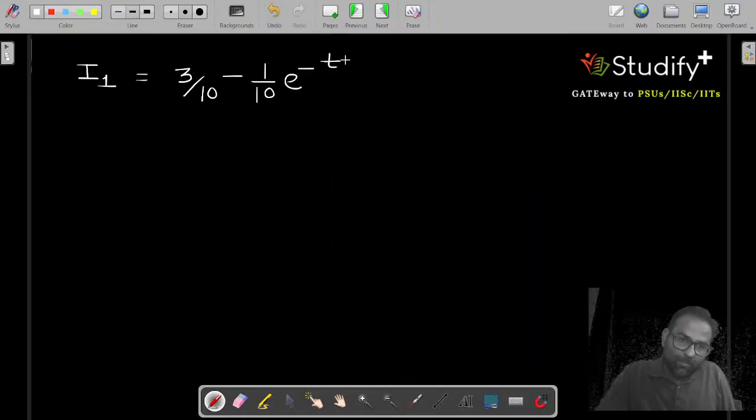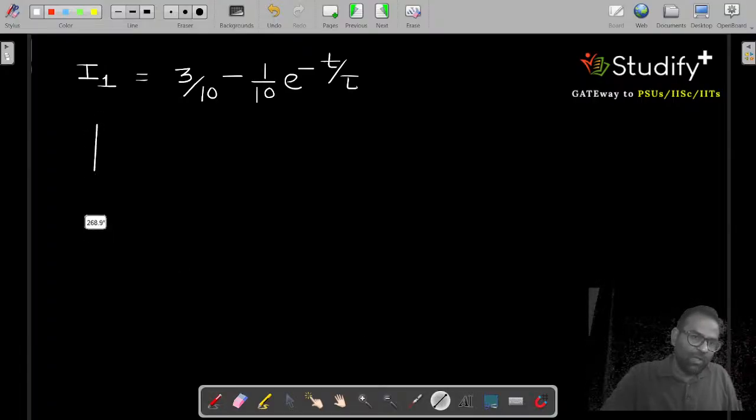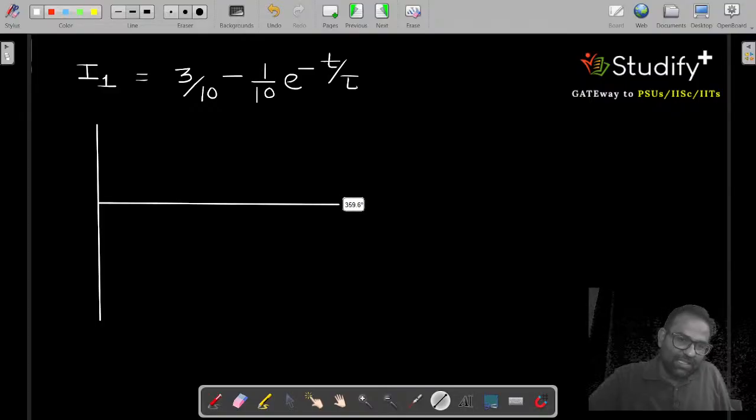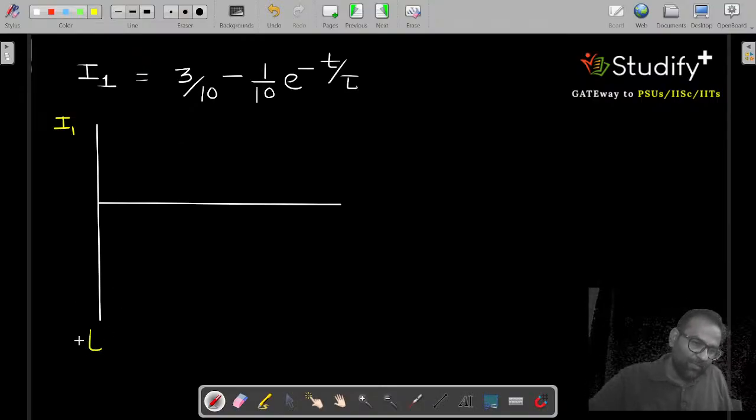So when I draw this graph, I can draw this graph also. What is the situation of current coming from the source? Can I say the source current has these characteristics? What is the initial value of I1?